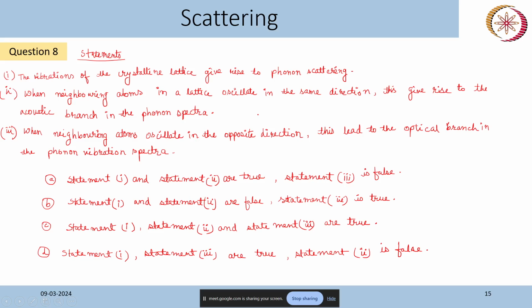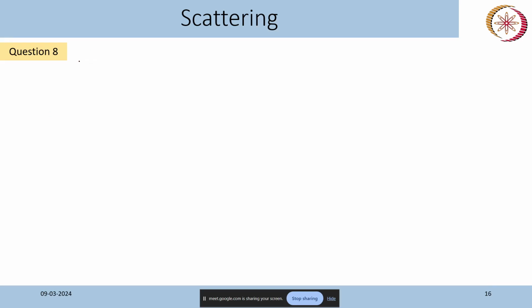I will describe a few concepts related to scattering, mainly phonon scattering and lattice scattering. We've already discussed these topics, but to go through the question, I will discuss some of the concepts. So there are a few scattering mechanisms, but we are mainly considering here 2 types of scattering.